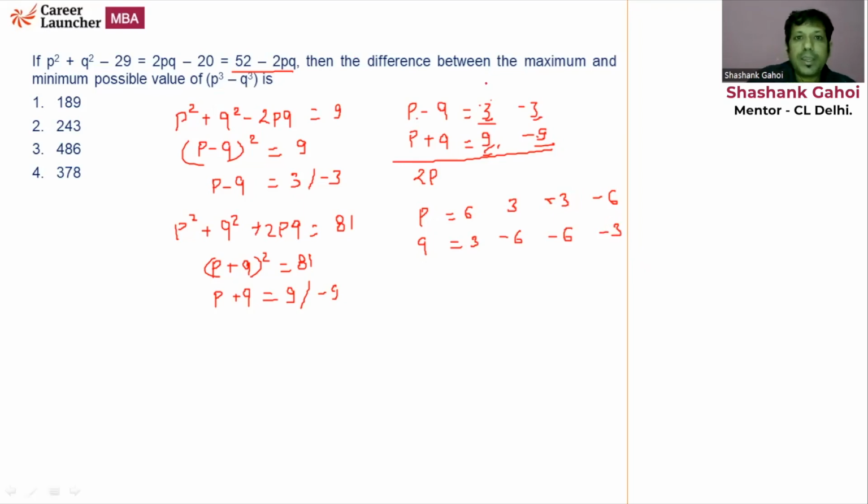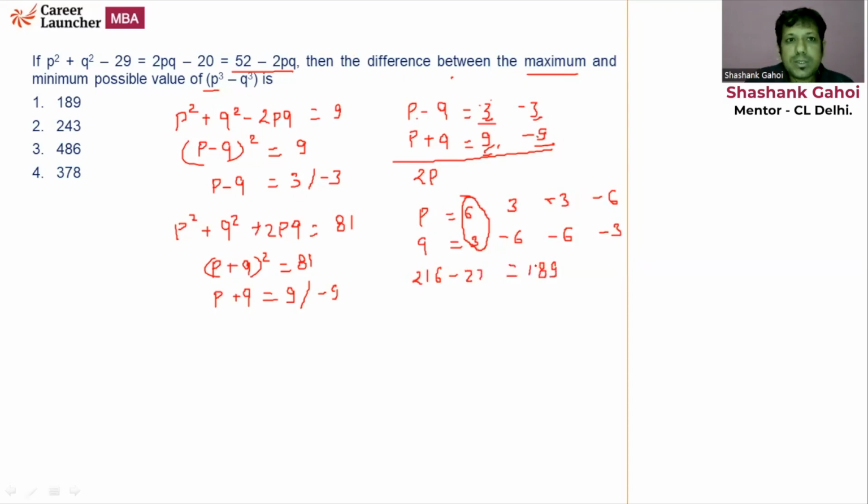If I'm talking about the difference between the maximum possible value and the minimum possible value, the maximum possible value I am going to get in the first case. That is p cube 216 minus q cube 27, so this comes out to be 189.